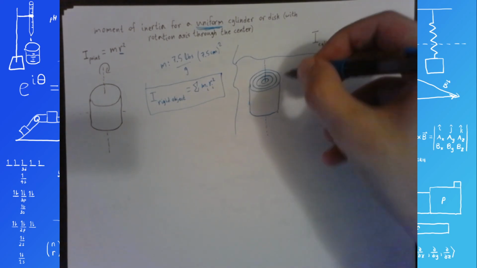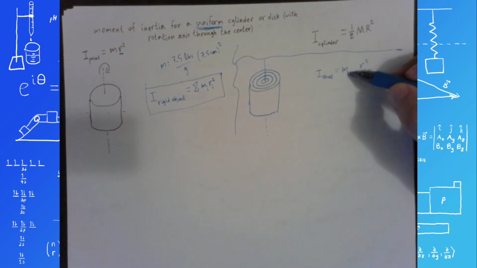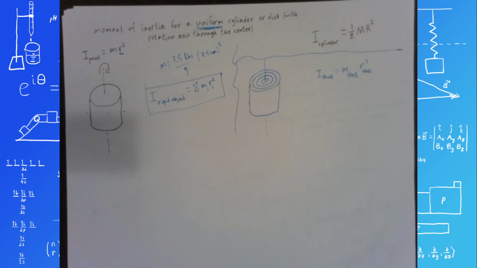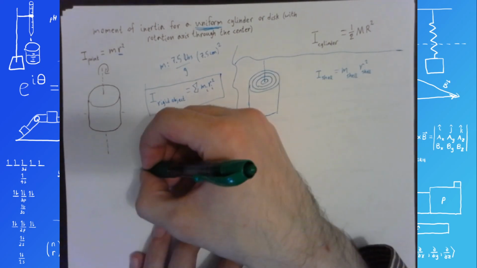So the outer shells are going to be obviously bigger than the inner shells, and when an object is uniform, the bigger its pieces, the more mass those pieces contain. So I need to come up with a formula to figure out the mass of an individual shell based on its size. And for that, I need to actually figure out what the size of a shell is. So let's take one of these cylindrical shells.